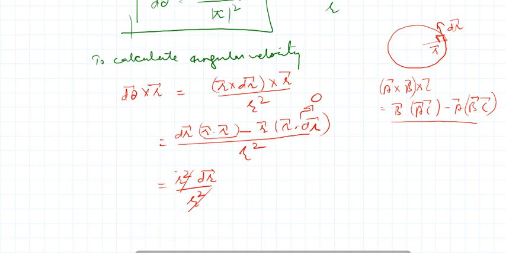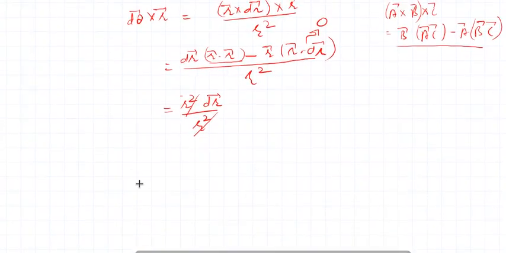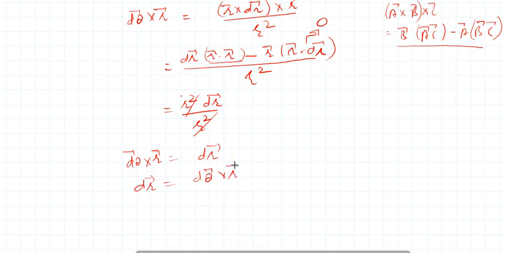So that means I can write d theta cross r vector is equal to dr, and now I can rewrite this, dividing both sides by dt, so dr by dt is equal to d theta by dt cross r vector.